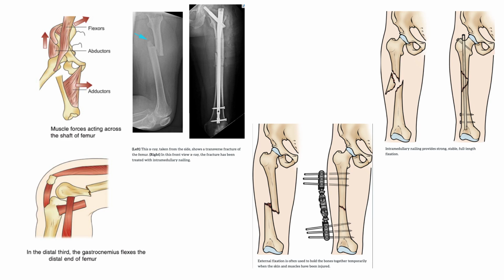Also, external fixation. In this type of operation, metal pins or screws are placed into the bone above and below the fracture site. The pins and screws are attached to a bar outside the skin. So this device is a stabilizing frame that holds the bone in proper position. External fixation is usually a temporary treatment of femur fractures because it is easily applied.